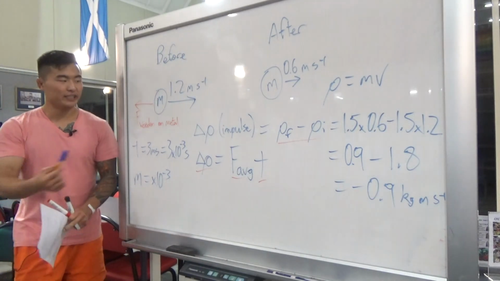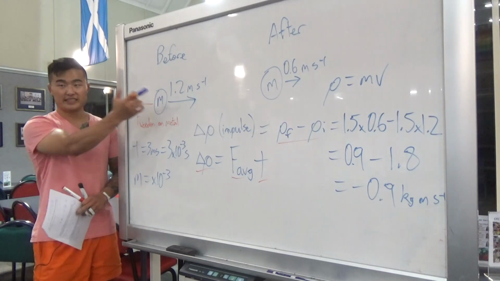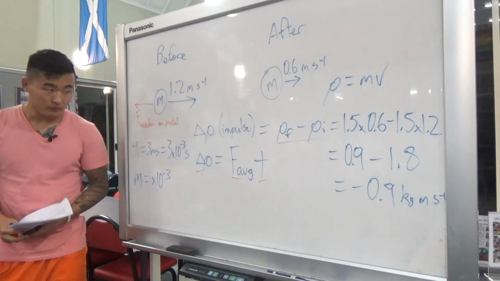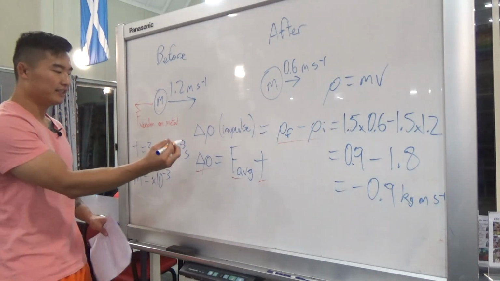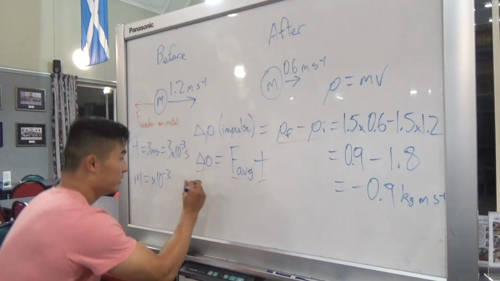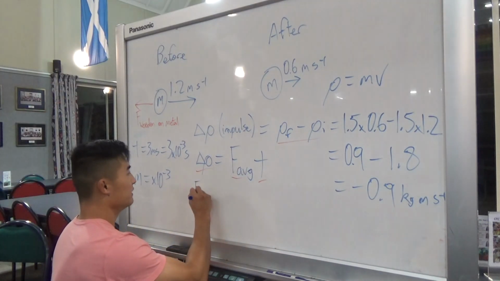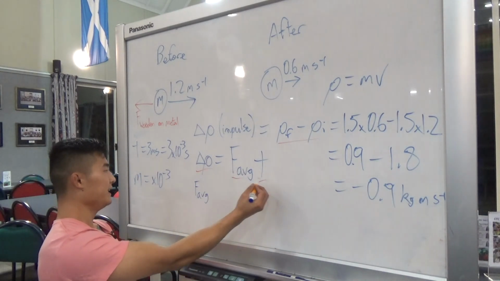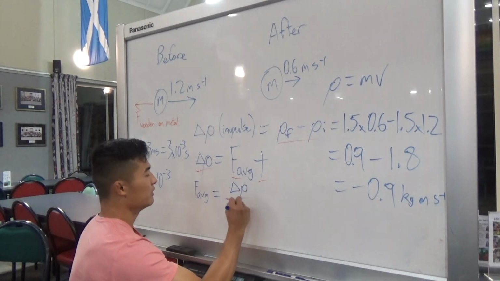And that makes sense because remember that the force is going to be negative, so it's in the opposite direction to the velocity, which is positive. Okay. So now we've got our delta P. We're just going to rearrange this equation for average force, so you divide both sides by T. So that's going to be delta P over time.